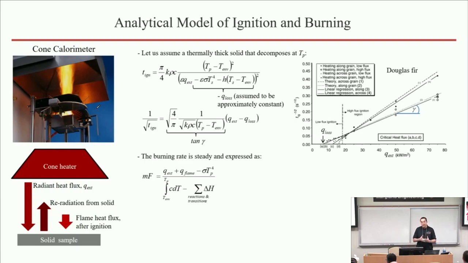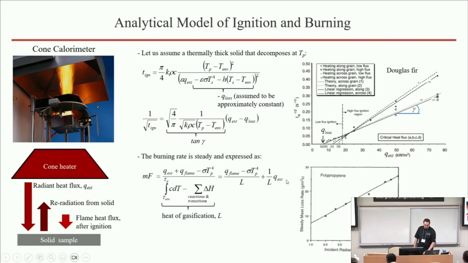So if you make this assumption that the material burns steadily after it achieves ignition, then you can further analyze this expression, divide it into parts, and note that, again, if we can somehow extract this information from a test like a cone calorimeter at several external heat fluxes, then the slope of that curve, and this is an example of that analysis for polypropylene, is simply 1 over the heat of gasification.